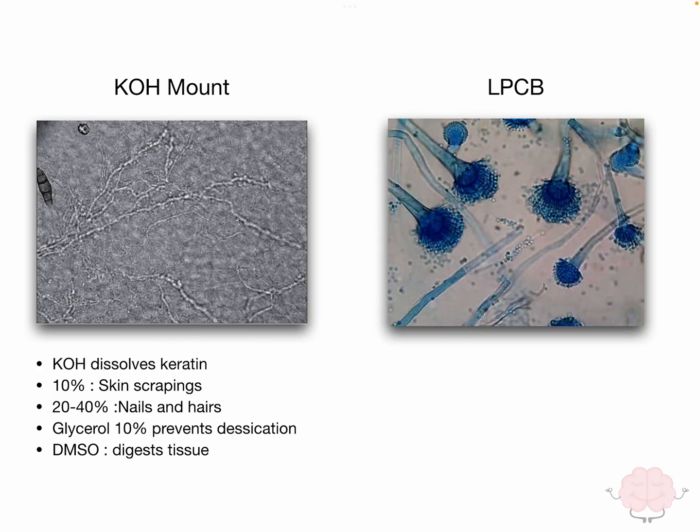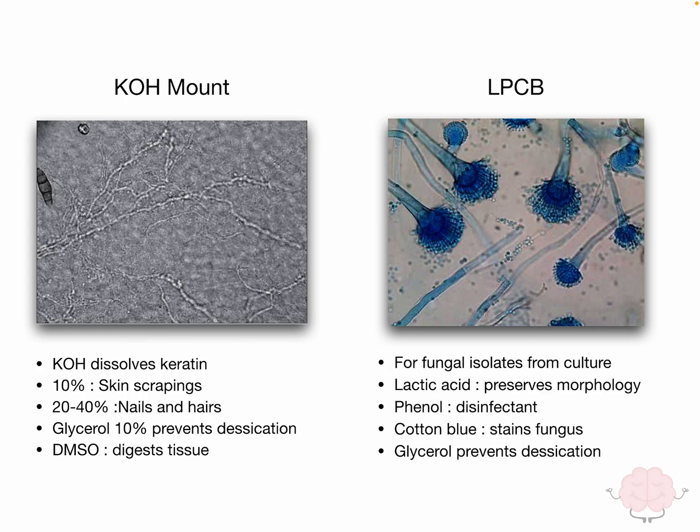Secondly, we have the LPCB, or lactophenol cotton blue mount. Characteristically, we see blue structures under the microscope. LPCB is the most common stain which we use for microscopy of fungal isolates from the culture. Means the culture which we are creating for fungus, we take the fungi from the culture and create an LPCB mount most commonly.